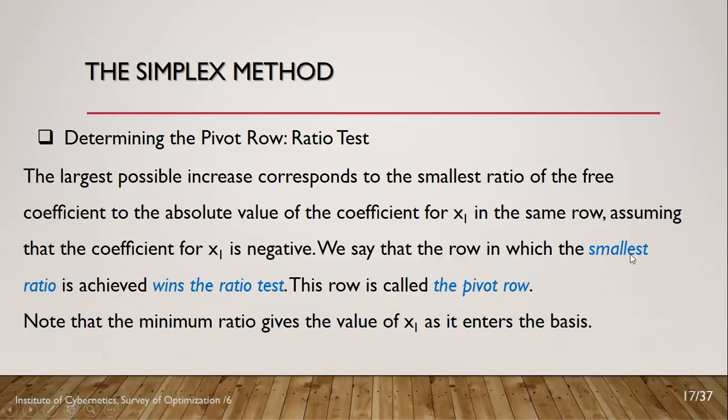And here is the rule. The largest possible increase corresponds to the smallest ratio of the free coefficient to the absolute value of the coefficient for x of 1 in the same row, assuming that the coefficient for x of 1 is negative. We say that the row in which the smallest ratio is achieved wins the ratio test. This row is called the pivot row. Note that the minimum ratio gives the value of x of 1 as it enters the basis. Before it wasn't there, it was a non-basic variable.